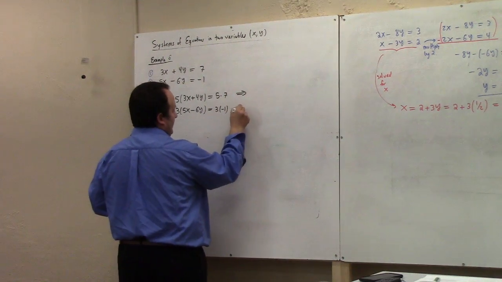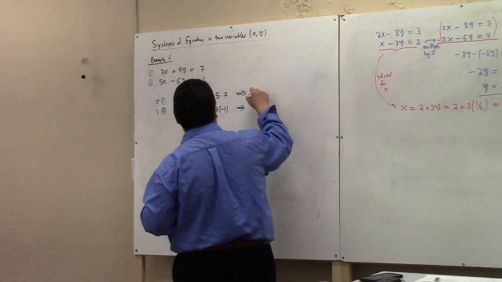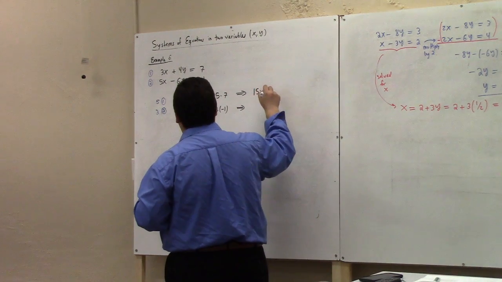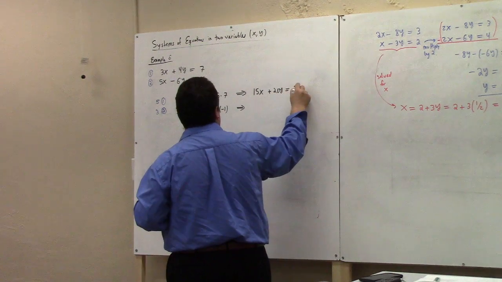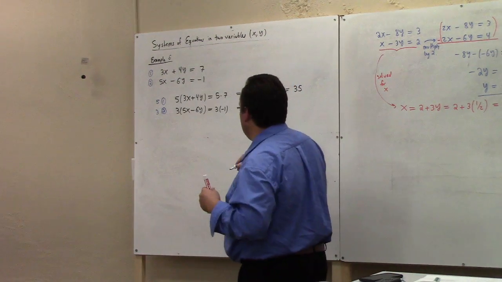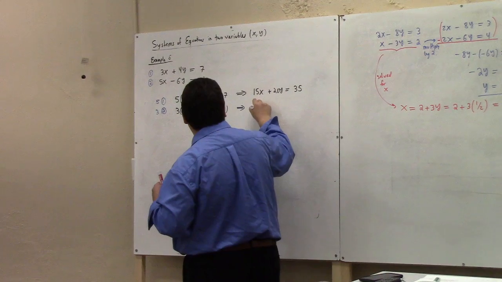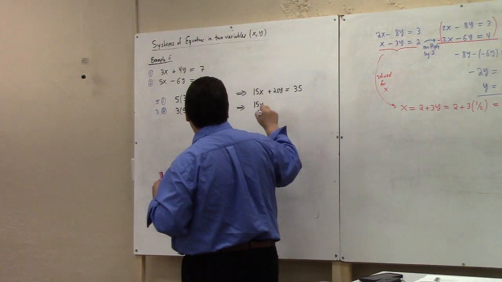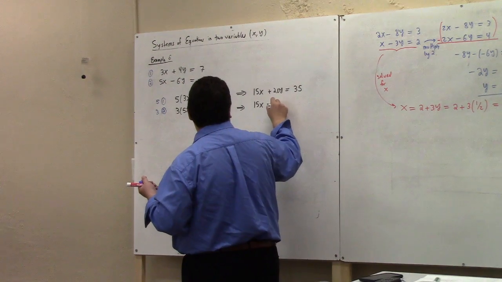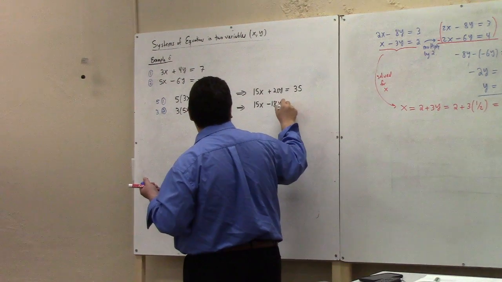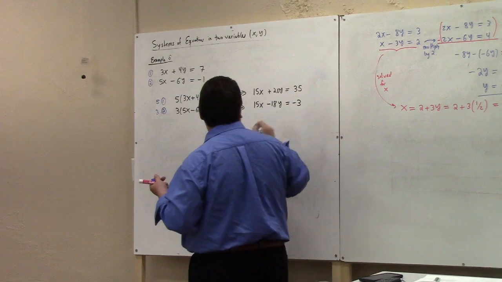Then we'll clean those up. We get 15x plus 20y equals 35. And 15x, 3 times 6 is 18, so minus 18y equals minus 3.